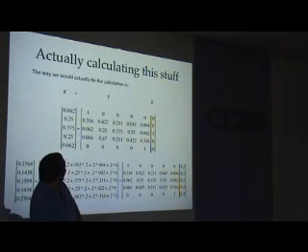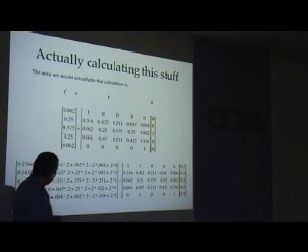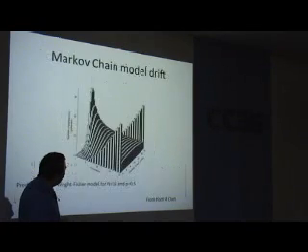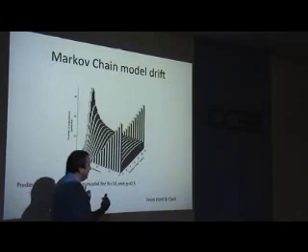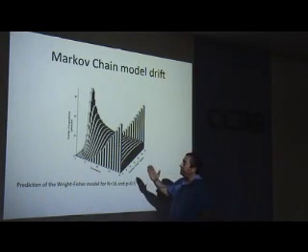Okay, and so we can calculate this stuff, and again I leave you to ponder this for the next generation. But if you were to calculate this, this is what you would find.